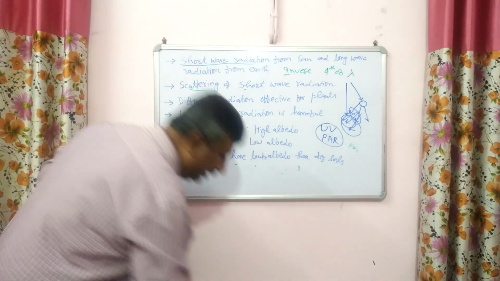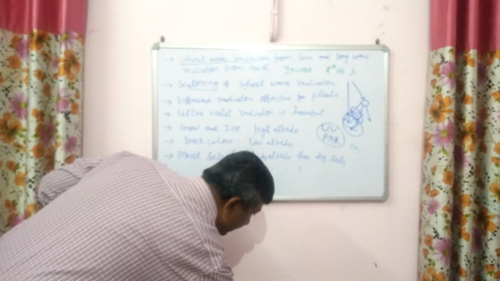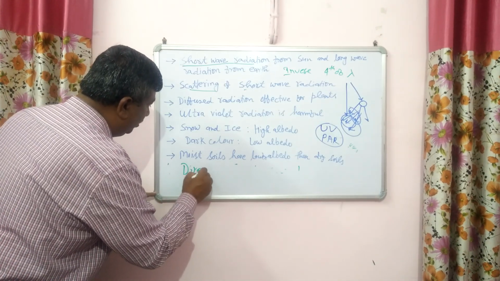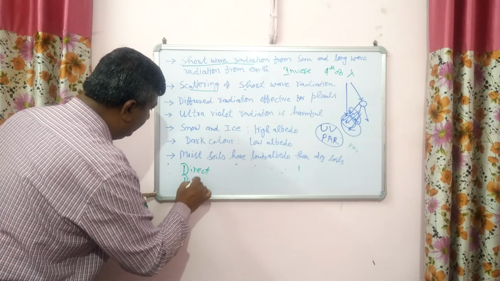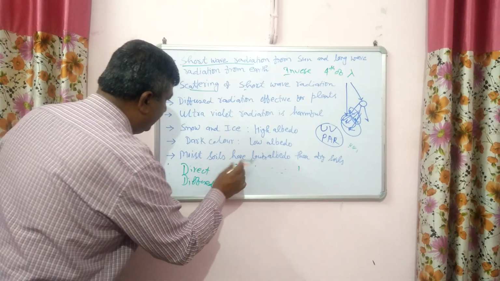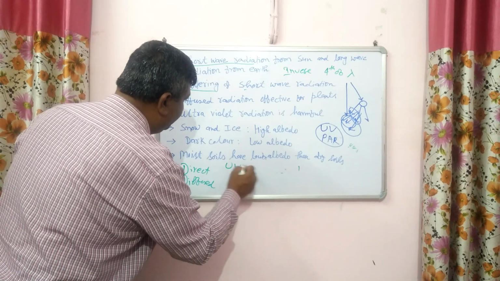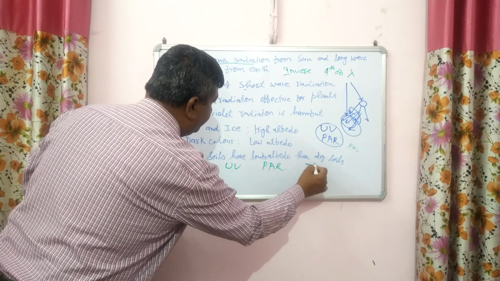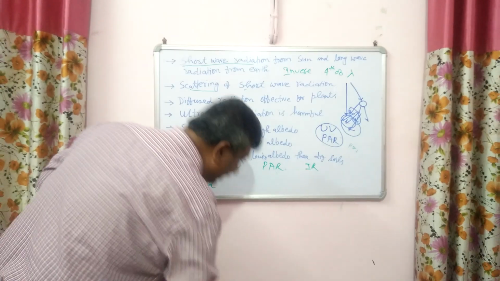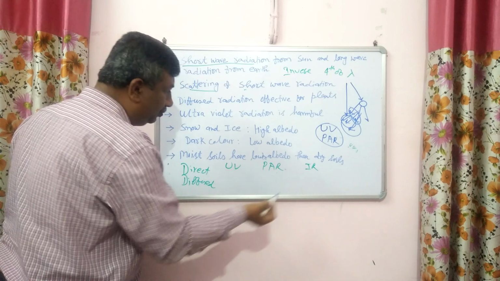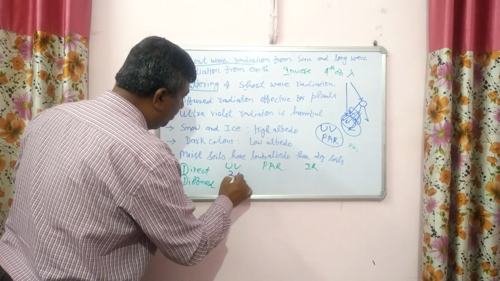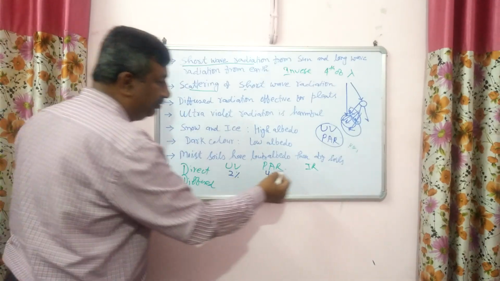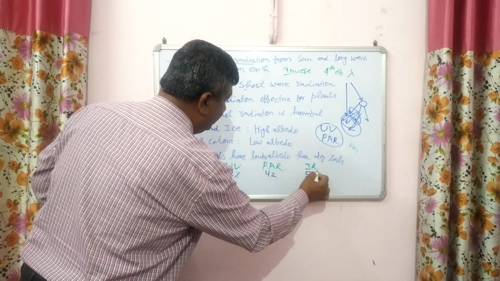So if we talk about the content in direct and diffused radiation, the content of UV radiation, PAR, and third, infrared. In direct solar radiation, UV is about 2% and PAR is about 42%, and infrared is about 56%.